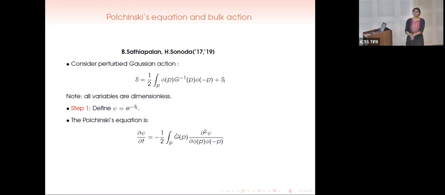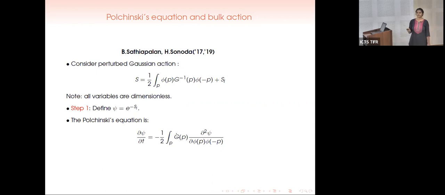Okay, so how to derive the bulk action from the Polchinski equation? This work has been done by Balasubramanian and Hidenori Sonoda in 17 and 19. So consider a perturbed Gaussian action. We are perturbing around this Gaussian action with S_I.